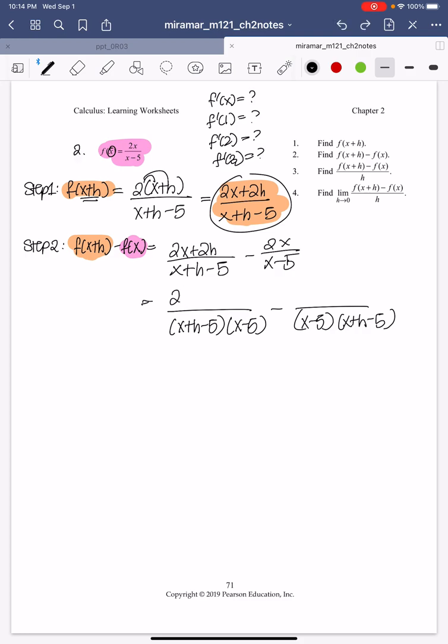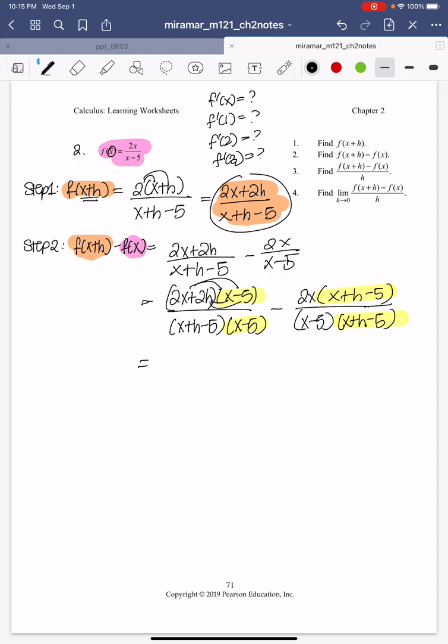Right? So I'm multiplying this one on the first one and I'm multiplying this one on the second one. So I do the same thing too. I need to multiply x minus 5 onto the top of the first term and then x plus h minus 5 on the second term. So let's simplify. I'm going to distribute this one.